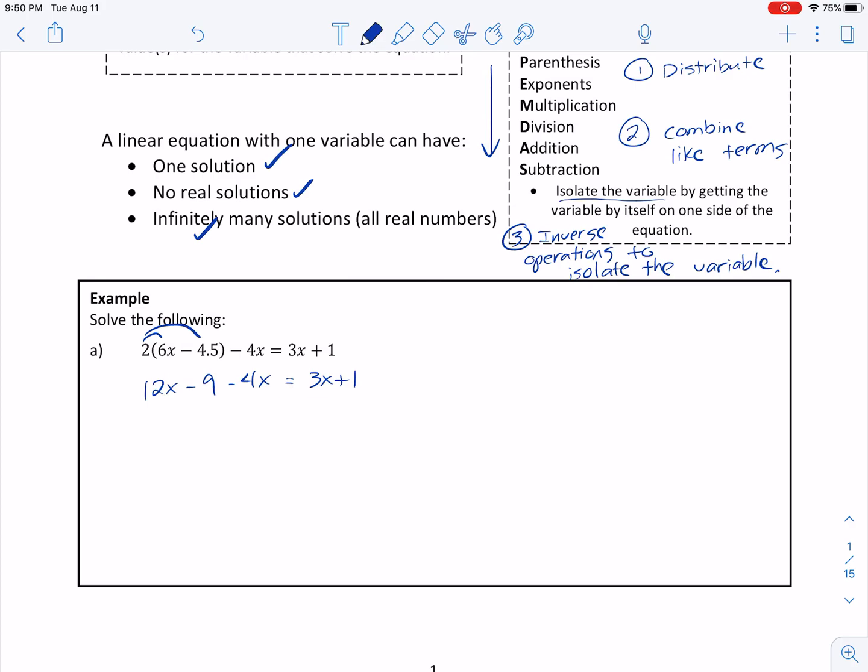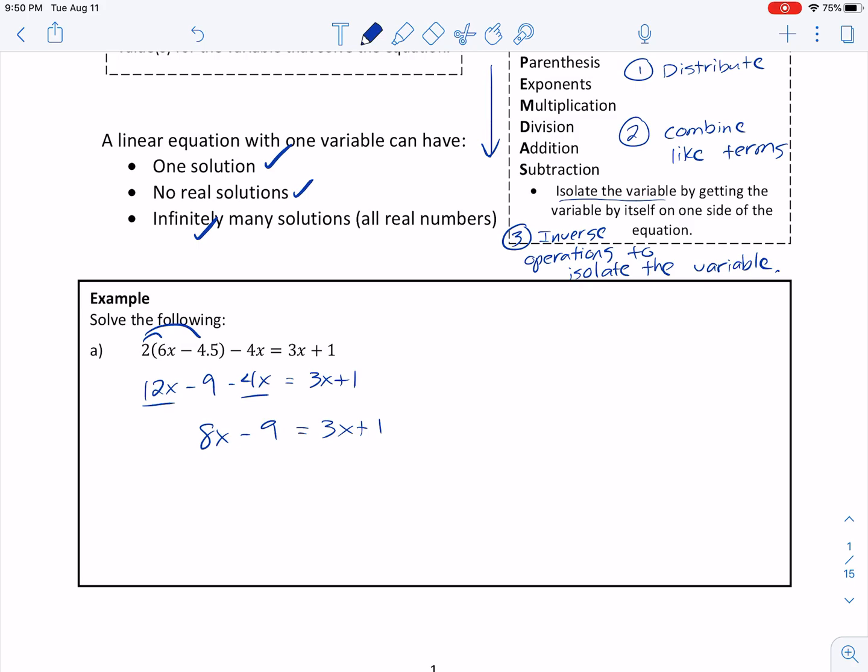Combining like terms is when you have the same term on each side, and that same term means the same number and degree of a variable. So 12x and 4x, those are like terms because they both have a coefficient and they both have a variable with a degree of 1. Combine these and we get 8x minus 9.